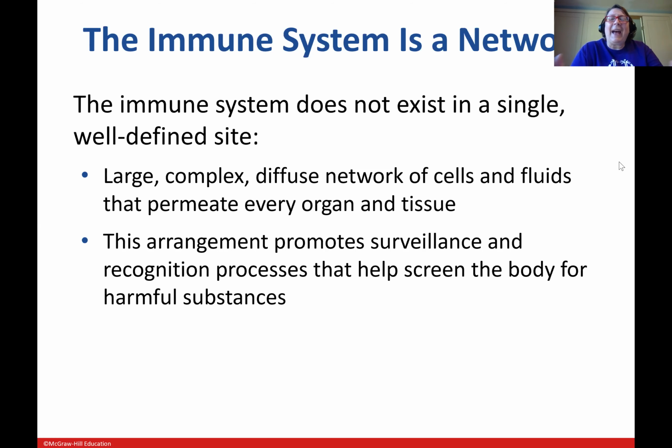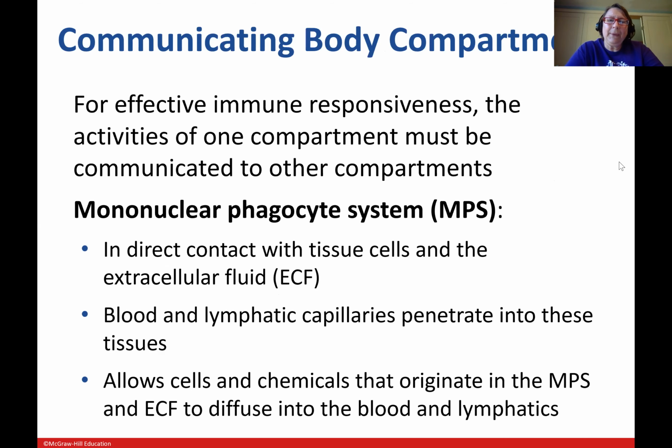That allows the body to keep an eye on things throughout the entire body. So it allows surveillance and recognition that helps the body look for and then deal with and destroy those harmful substances like bacteria. Okay, so in order for the immune response, they have to be able to communicate.